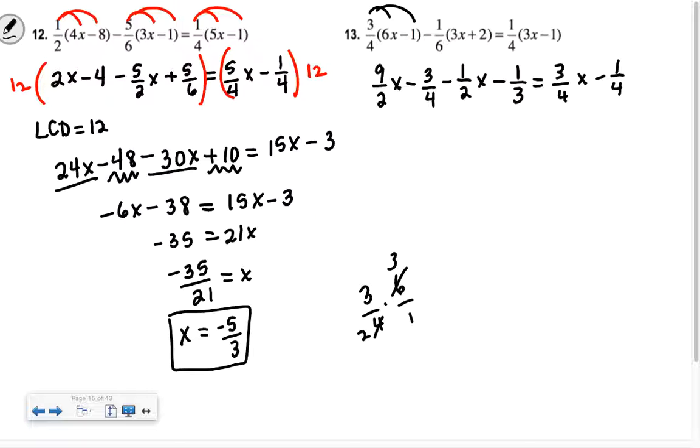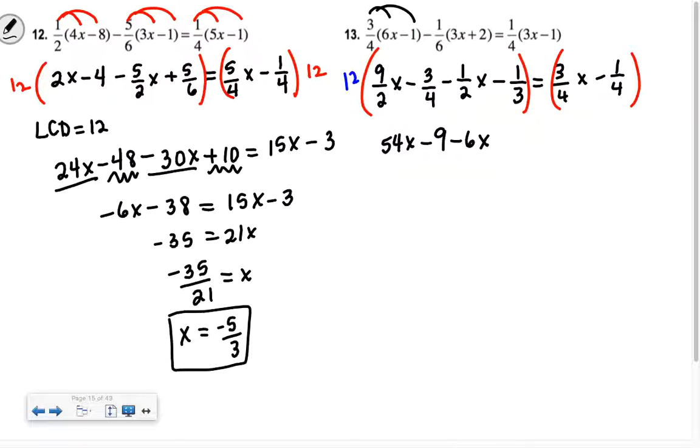This is as hard as I get. What do I multiply by to clear my fractions? 12. Yeah, so we're going to multiply through by 12. I'm going to do this kind of quickly. 12 times 9 over 2 is going to be 6 times 9, so 54x, minus 12 times 3 over 4 is going to be 9, so minus 9, minus 6x minus 4 equals 12 times 3 over 4, which is 9x. 12 times negative 1/4 is negative 3.